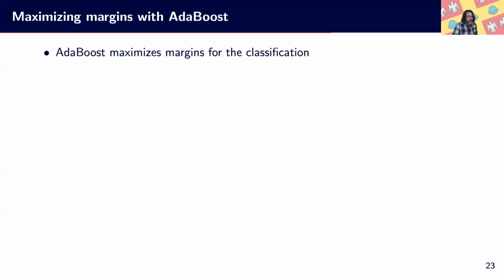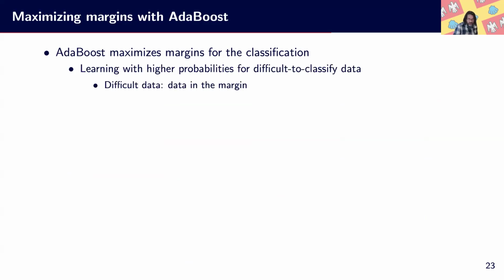Somehow AdaBoost is maximizing the margins for the classification. The point here is that we are looking at the votes from each individual member. We are trying to maximize these classification margins by focusing on the difficult data, and the difficult data are usually the data close to the decision boundaries, the frontiers. So these are the data in the margin.